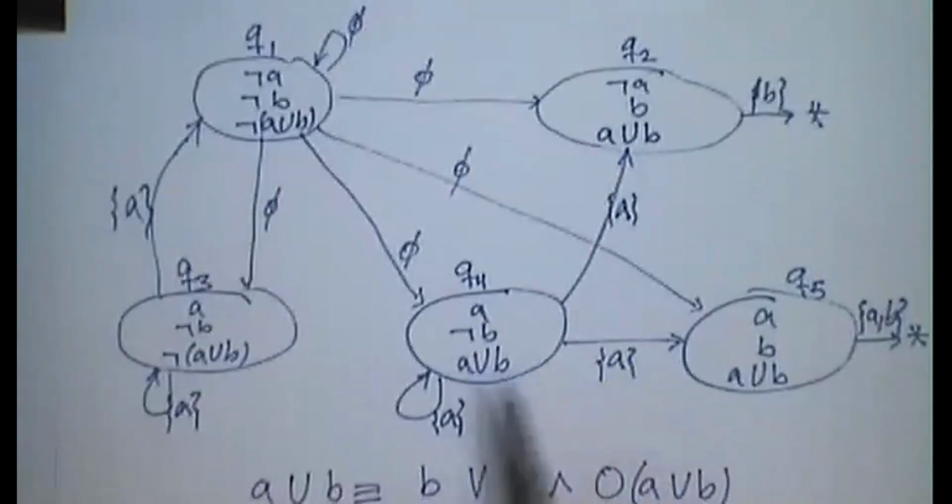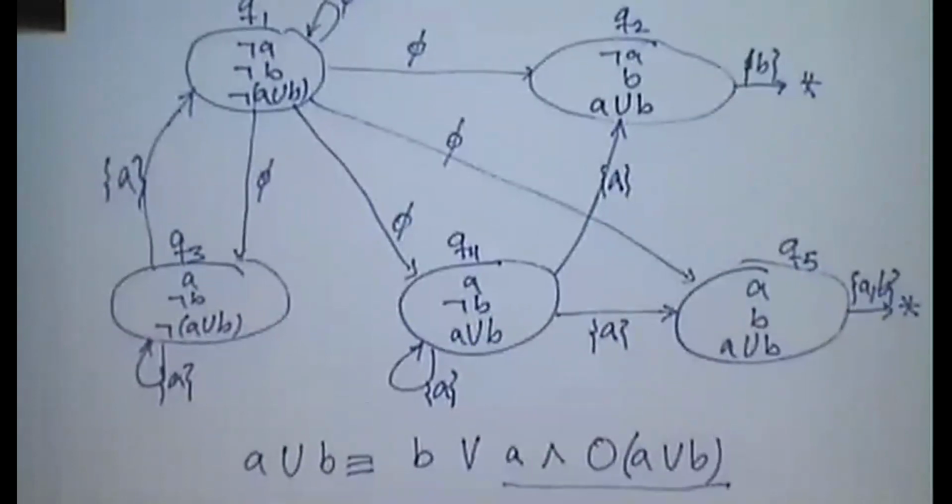So if I'm at Q4 and I don't satisfy A or I don't satisfy not B, then I will have a finite path and I get rejected. But what's there to make sure that I satisfy A until B? The idea was that in order to satisfy A until B, you should either satisfy B right now, or you should satisfy A right now and then promise that you will satisfy A until B in the next step.